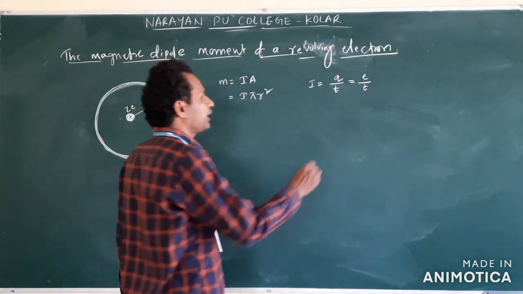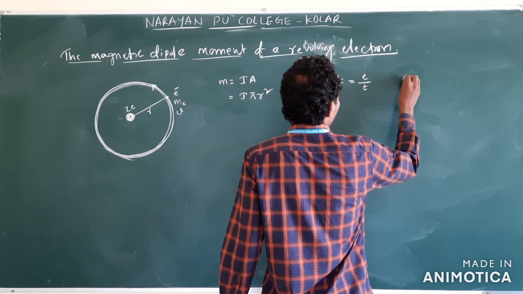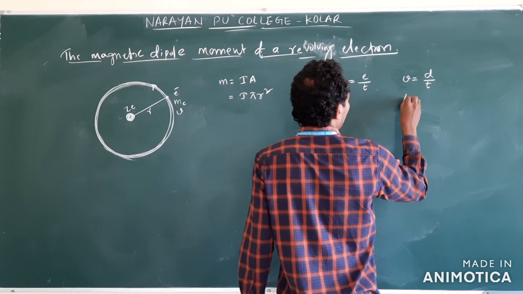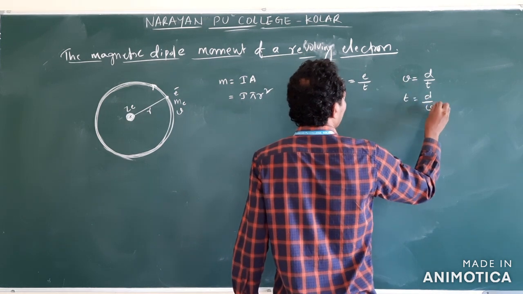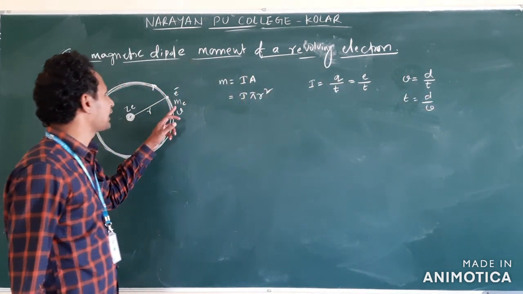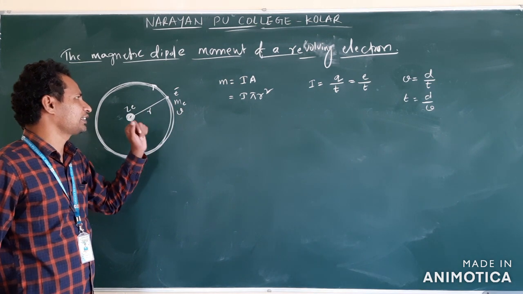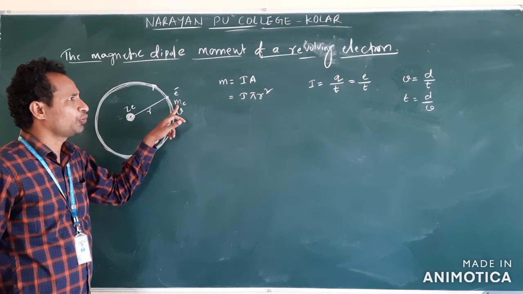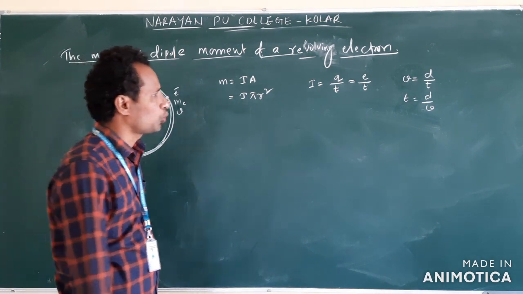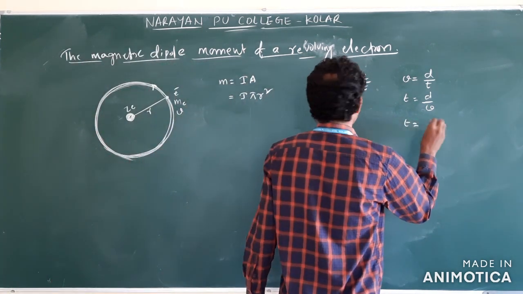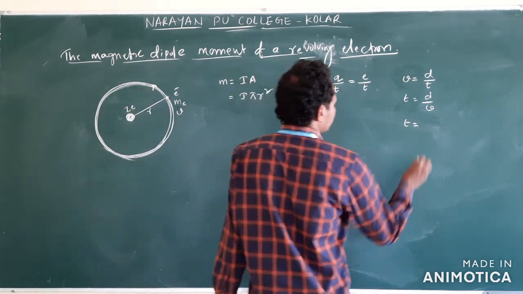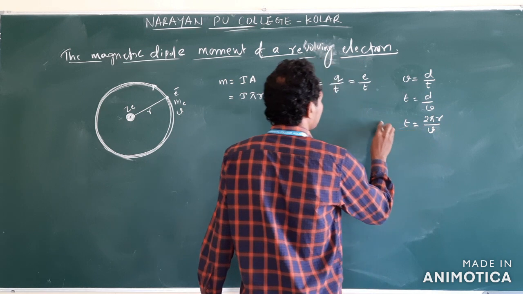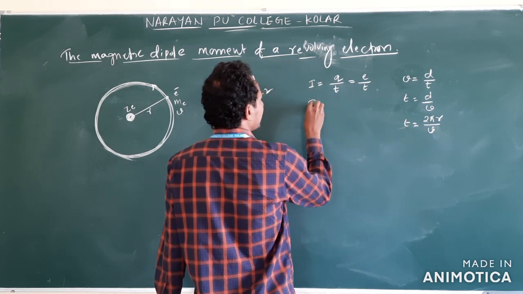Then how do we find this time? We will find it using velocity. Velocity is equal to distance by time, so time is equal to distance by velocity. We took velocity V, mass of electron M, so we need to eliminate time T. So T is equal to the distance traveled in one revolution, 2 pi R, by V. Now substitute this T here and we get the current.